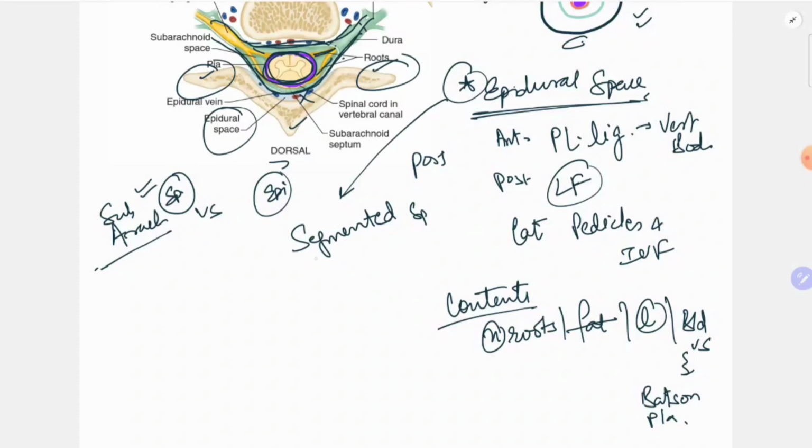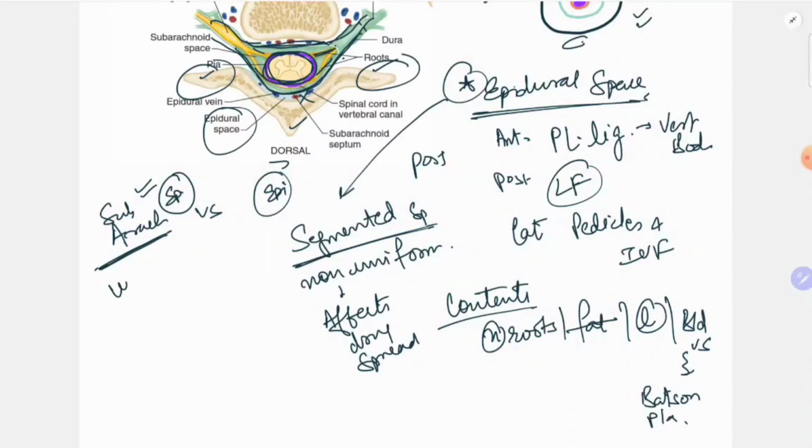The epidural space is segmented because there are certain septae or fibrous tissues, and hence it is not very uniform. It is not uniform across the different types of vertebra, like lumbar and thoracic have their own differences, and within the lumbar itself there could be differences, right? And hence this affects your drug spread.